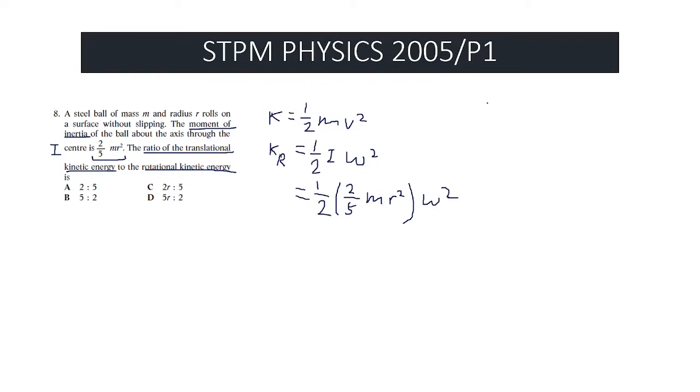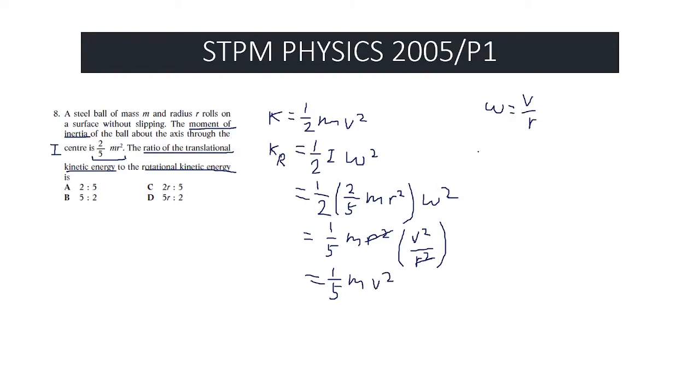Now we substitute this omega equals v over r. You will get 1 over 5 mr squared v squared also over r squared, and this r squared can be cancelled out. Now we are left with 1 over 5 mv squared.